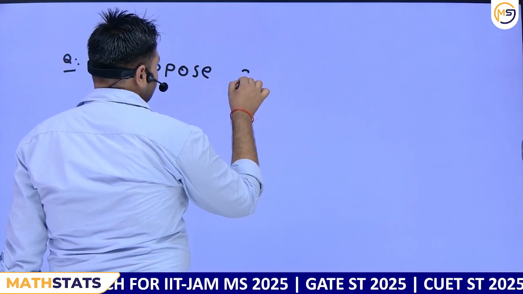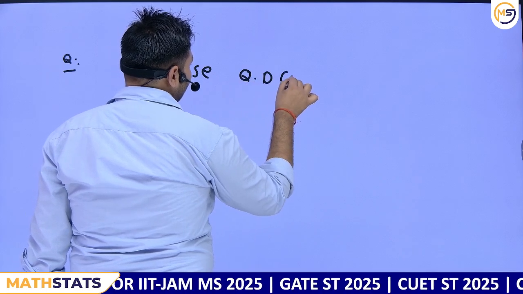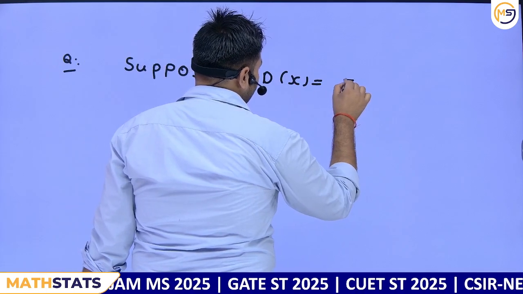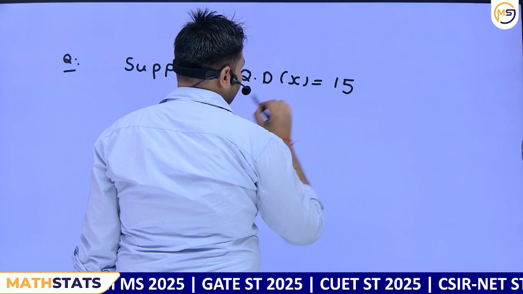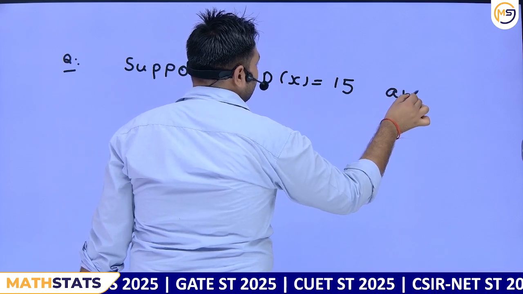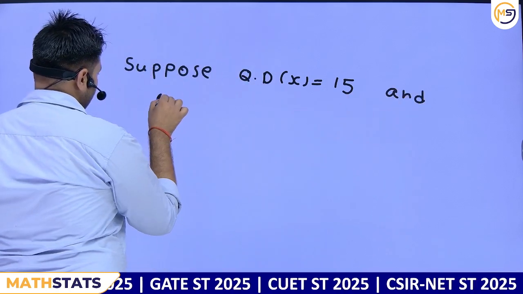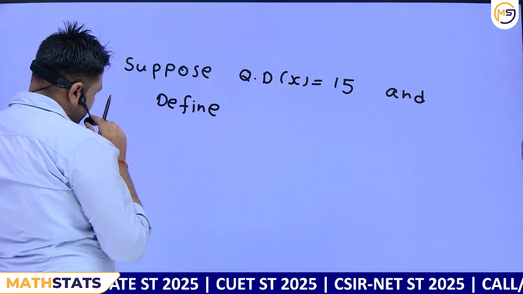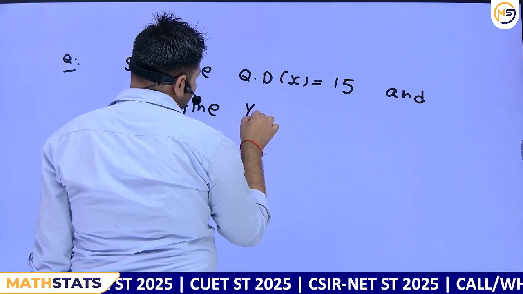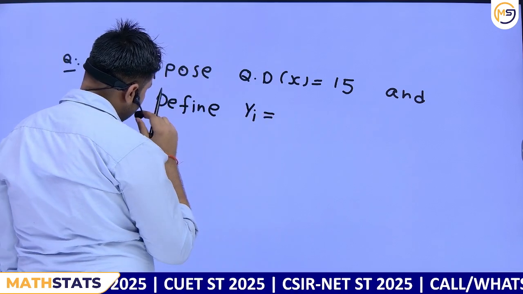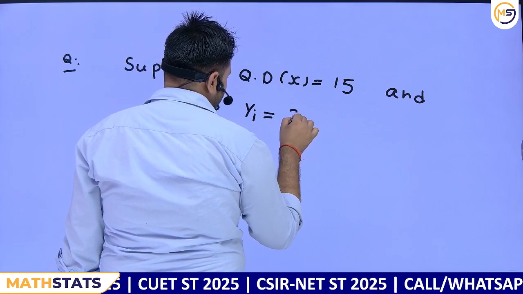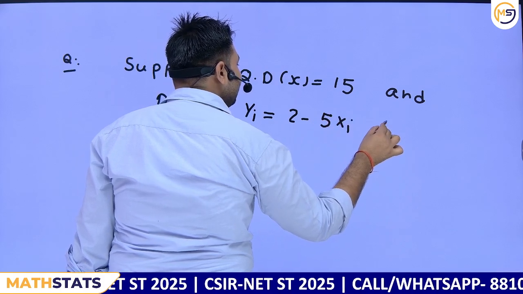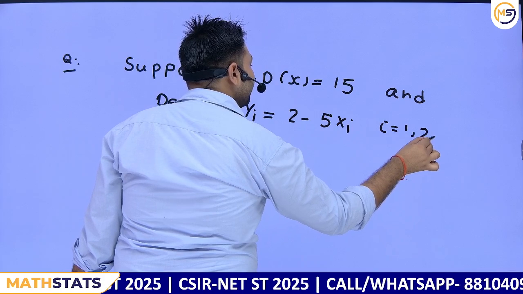Suppose QD of x equal to 15 and define yi equal to 2 minus 5xi, i equal to 1 to n.